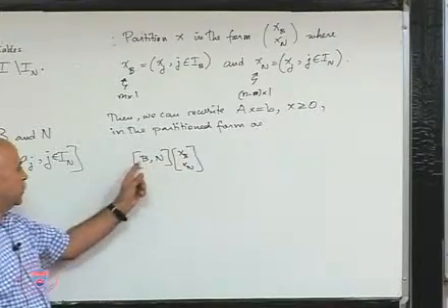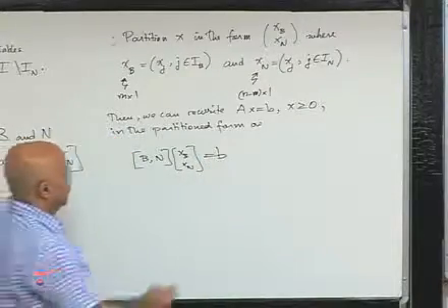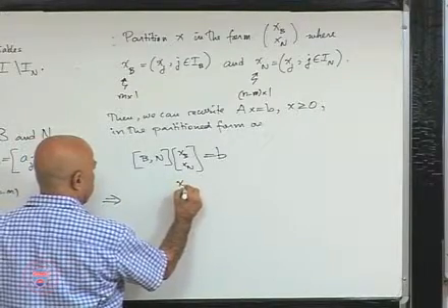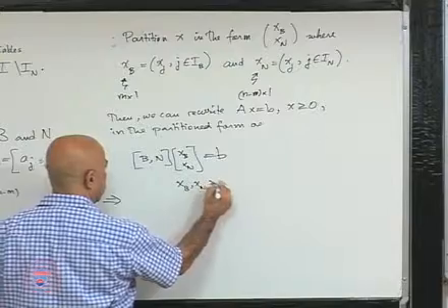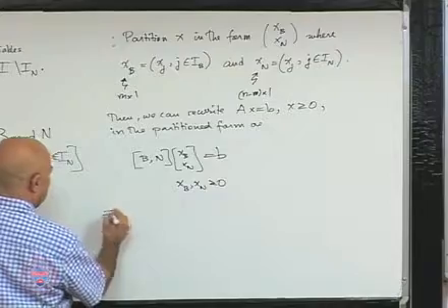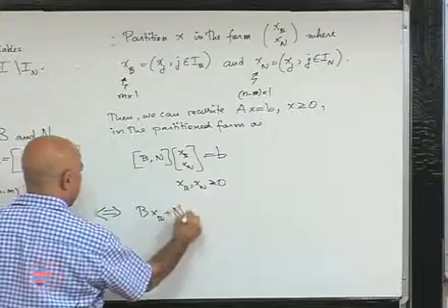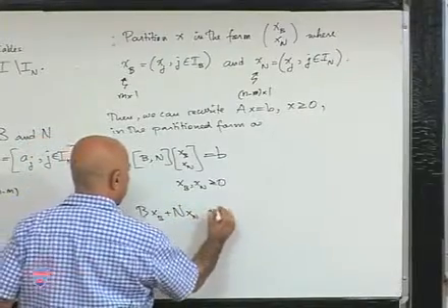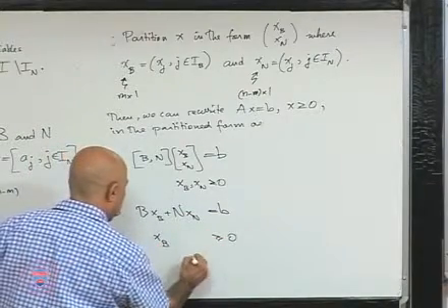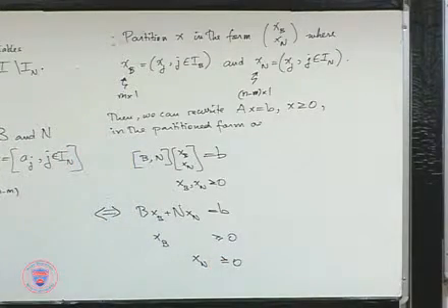Arranged in this way, A equals [B N]. When you multiply them out, also let's write x_B and x_N greater than or equal to 0 as a vector. When you multiply them out, you get Bx_B plus Nx_N equals b, x_B greater than or equal to 0, x_N greater than or equal to 0. That's the way we have.